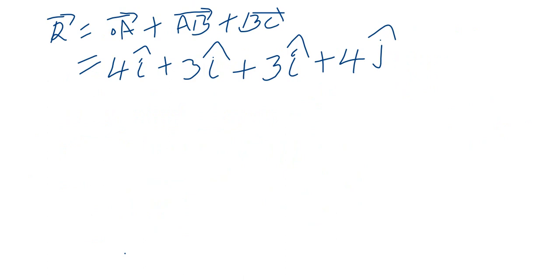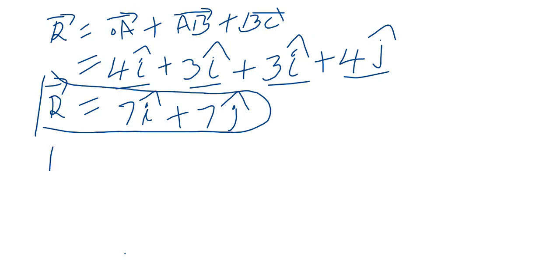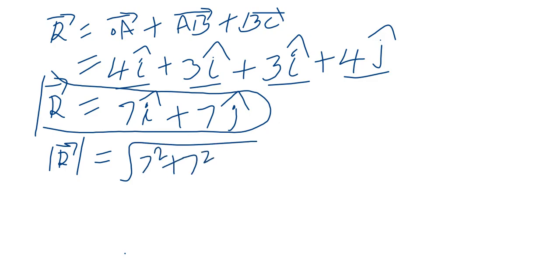So R bar is 4i plus 3i, 7i cap, plus 7j cap. So the resultant vector is 7i cap plus 7j cap and its magnitude is root over 7 square plus 7 square, 49 plus 49, 98.